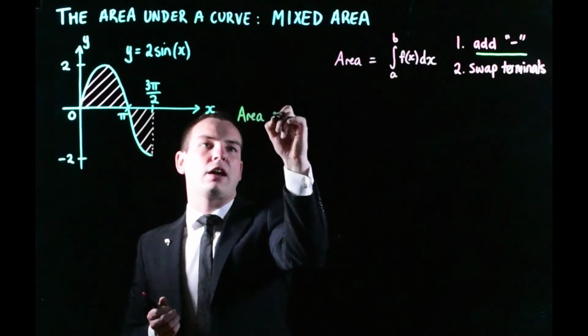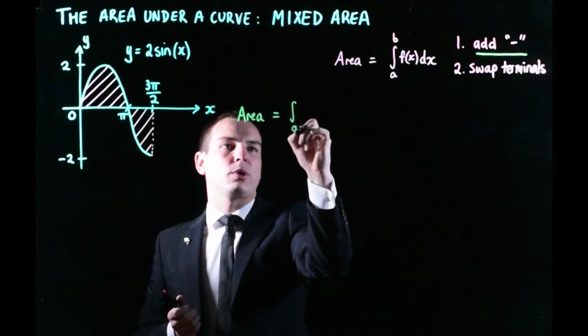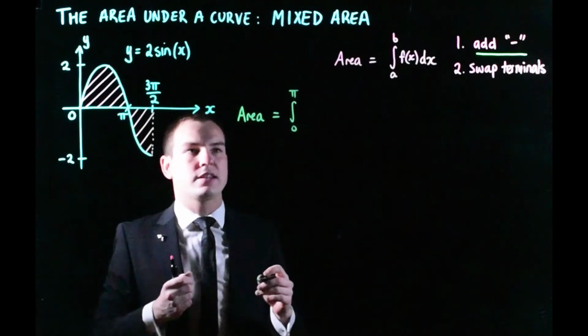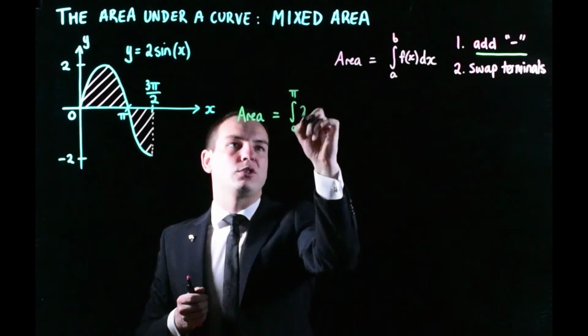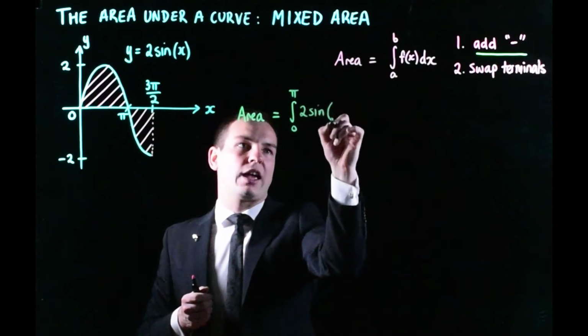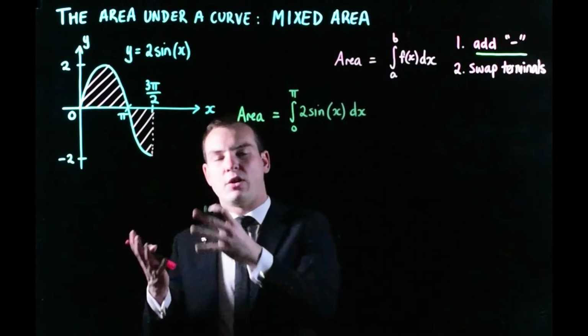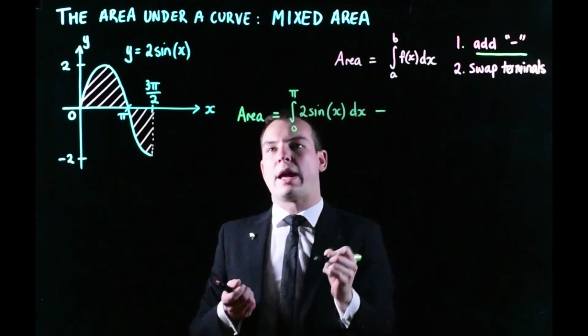We have that area is going to equal, and first of all we do the integral between 0 and pi, and that's the area that's above the x-axis, so we just do that directly. So we go from 0 to pi of 2 sine of x dx, and then instead of adding on the next area, because it's below the x-axis, we're going to subtract away that area.